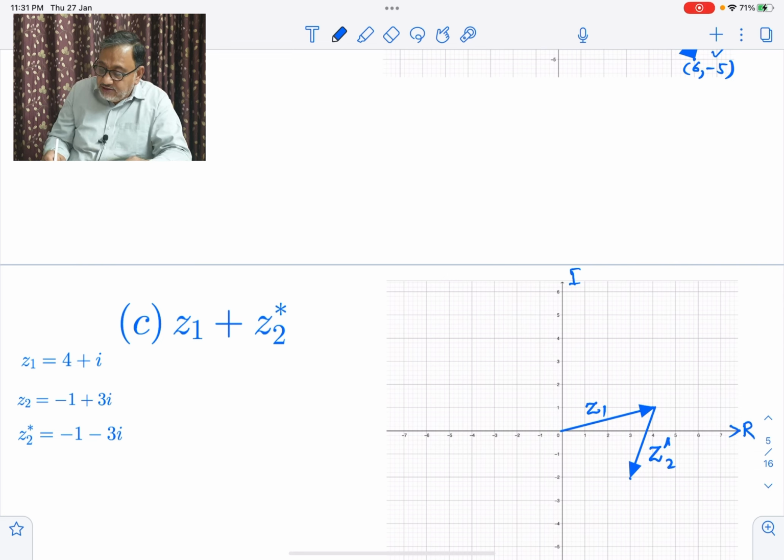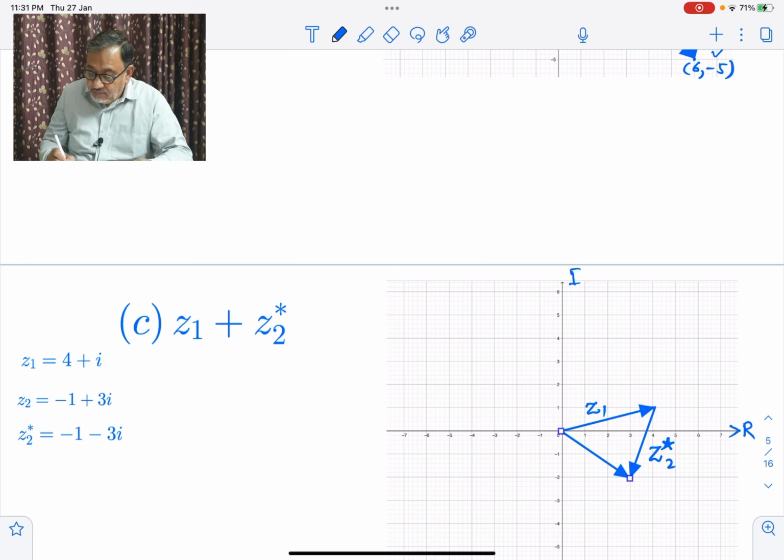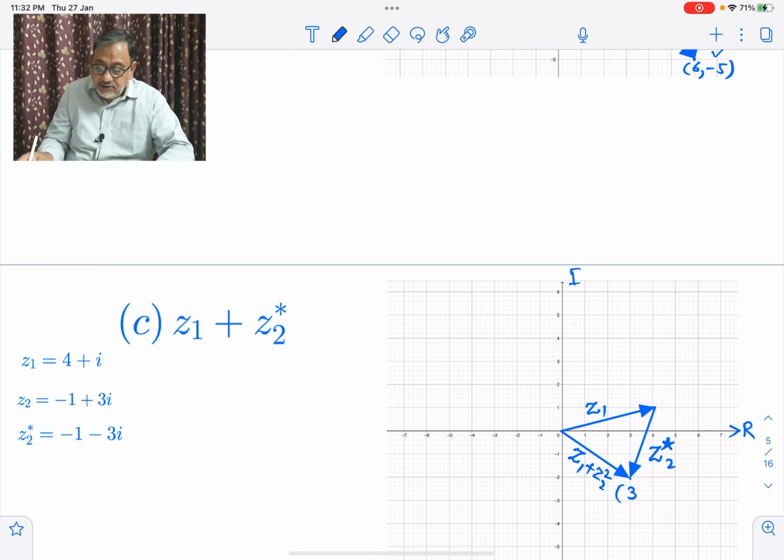So the final result is from the origin to this point. This is my z1 plus z2 conjugate, and this is the point represented by 3 comma minus 2. So let us check it here.